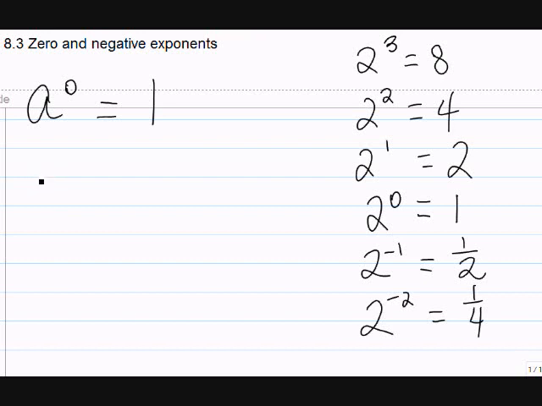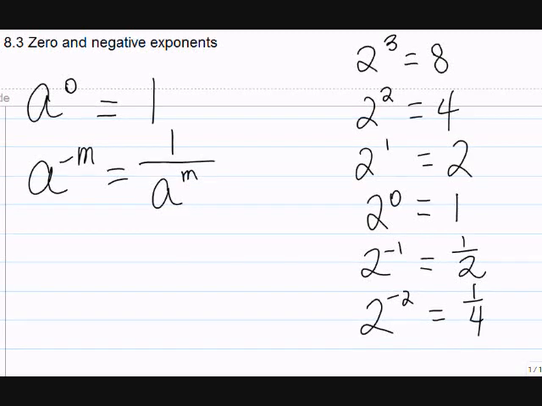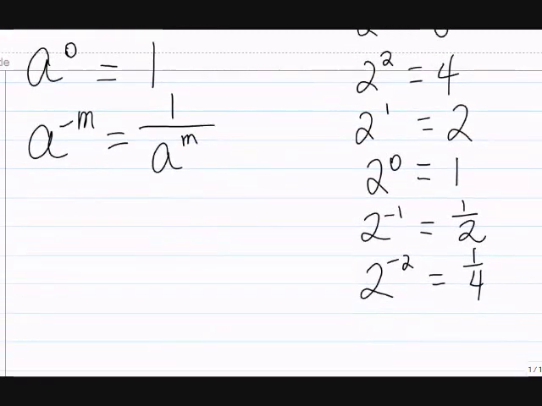If I have any number A to a negative power, that is 1 over A to the positive of that power. So let's do a couple of examples of each.